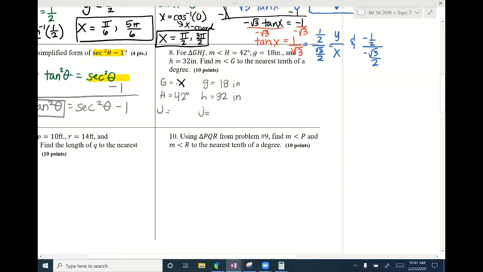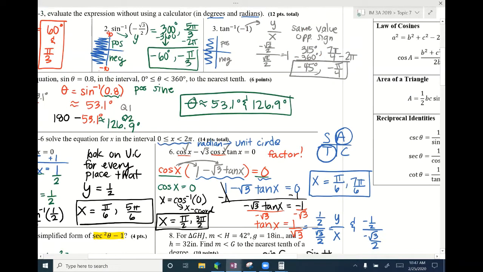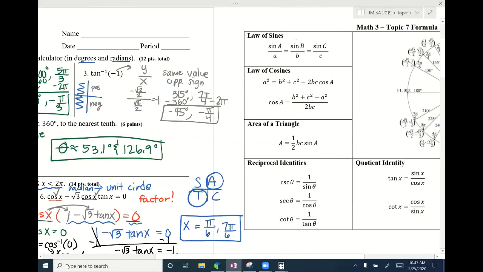So when I have this where I either want to know and know or know both, so if I have 2 capital letters somewhere going on in my problem, whether it's an unknown and a known or 2 known angles, then I am going to use the law of sines. Okay, so this tells me that we're going to use sine of G over G equals sine of H over H. So again, you're given all 3 of them in terms of A, B, and C. Remember that you only ever use 2.